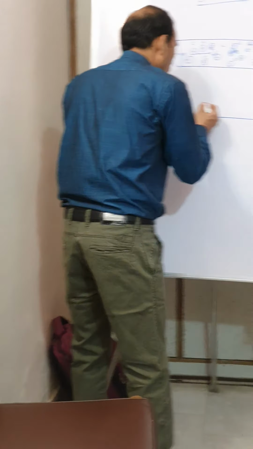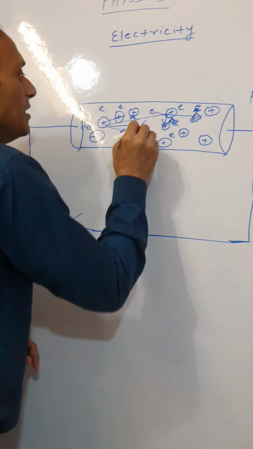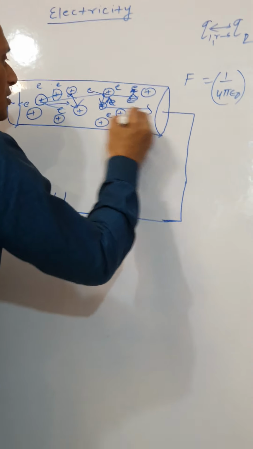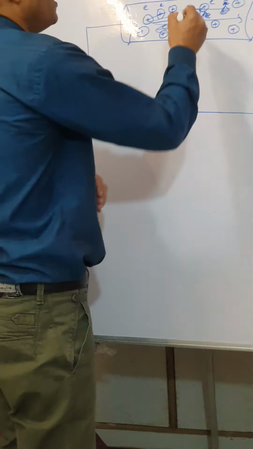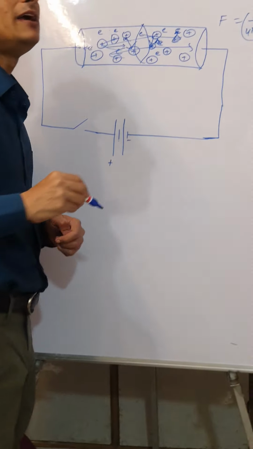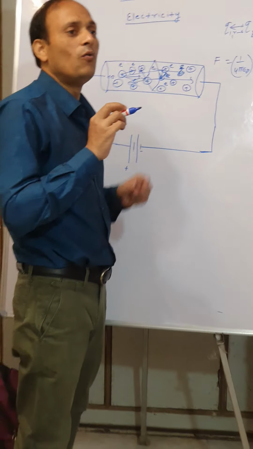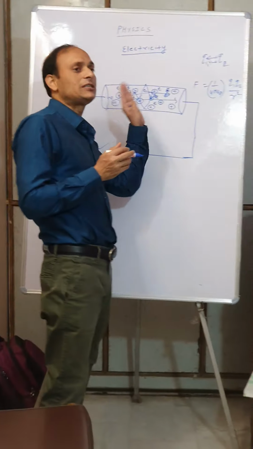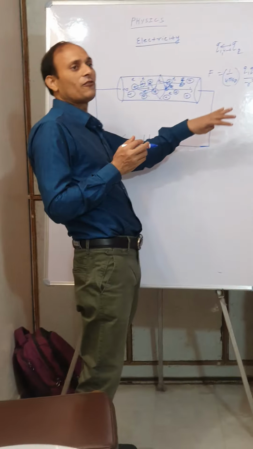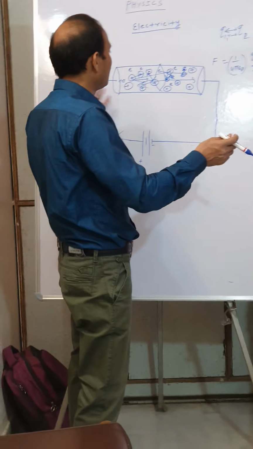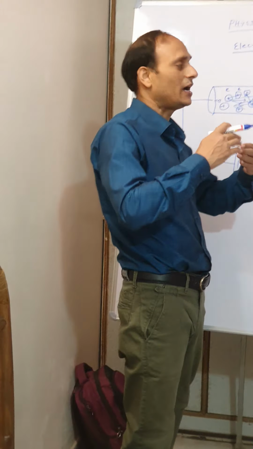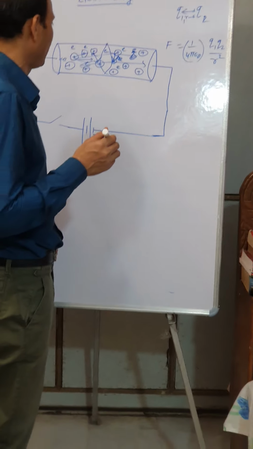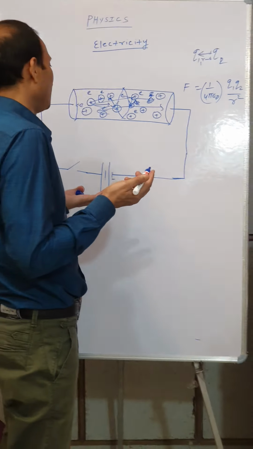When no battery is connected, say one negative charge goes this side, the other negative charge goes that side, one positive charge goes here, the other goes there, that means the net flow of electric charge through a particular cross section is zero. One went from left to right, the other went from right to left. So there is a cancellation of the net crossing of charge through a particular cross section. That means there is no net electric current.